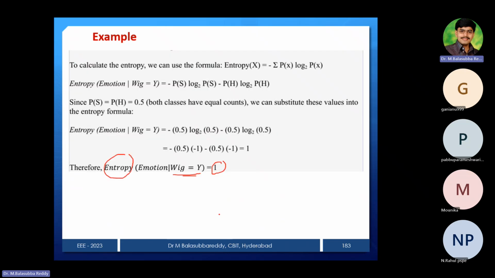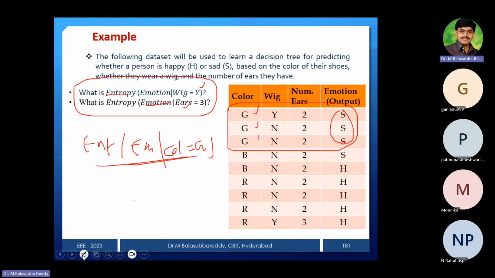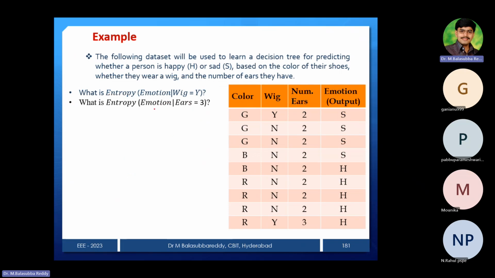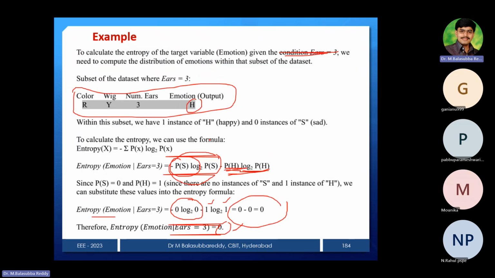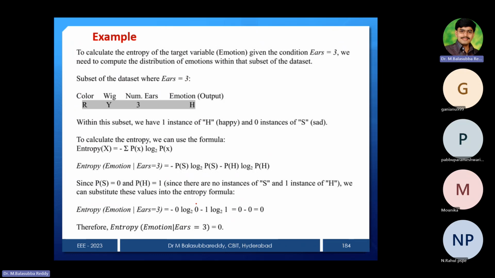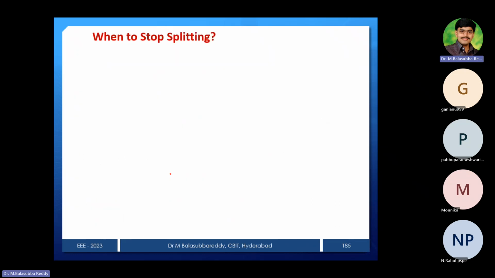If I change the question, if you have to calculate the entropy of emotion with color is green, you'll get the entropy value as 0. Like that, if you want to calculate the entropy of any instance, that is the way to do it, and the formula is this one. Like that, we have to keep on doing for however many features there are, and calculate the entropies.